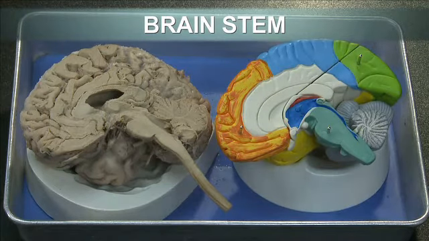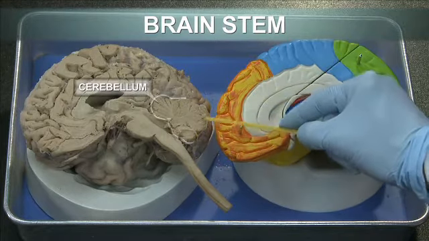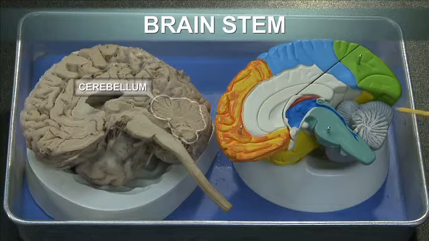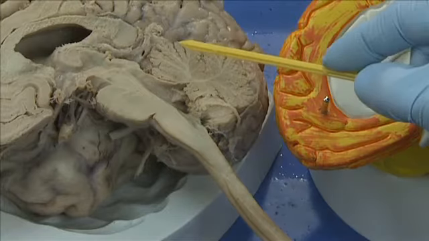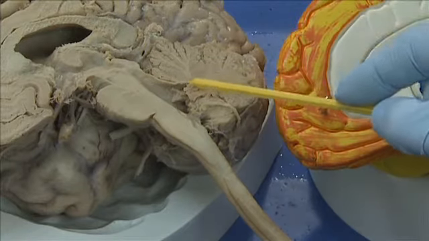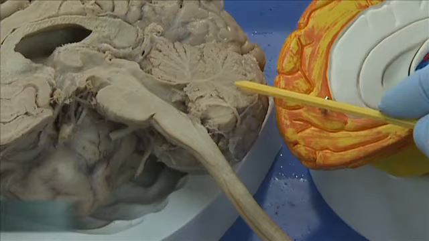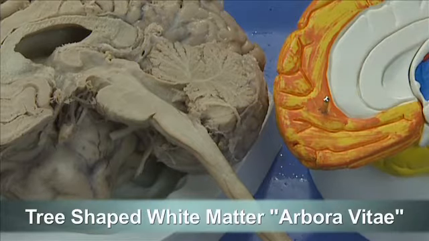On the dorsal aspect of the brainstem is the cerebellum. In this view of the cerebellum, we can see gray matter and white matter, which is in the shape of a tree and is called arbor vitae, which means tree of life.